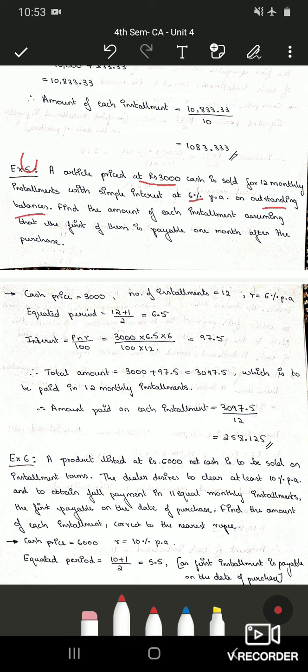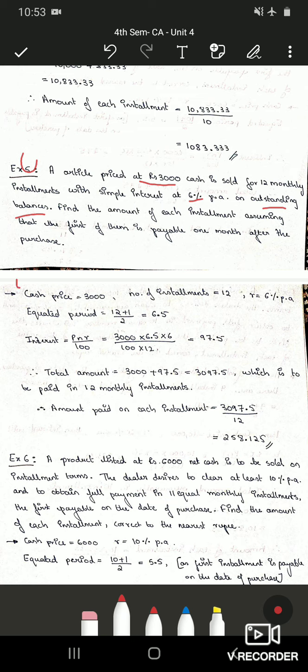So what is outstanding balances? It means you have to calculate interest on whatever balance remains after deducting from the cash price, and then they have asked to find out the amount of each installment, and here they have given assuming that the first of them is payable 1 month after the purchase, so it is not paid on the date of purchase itself.